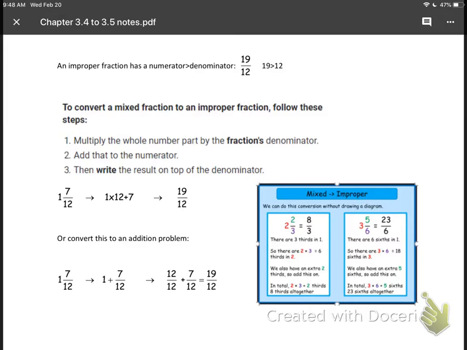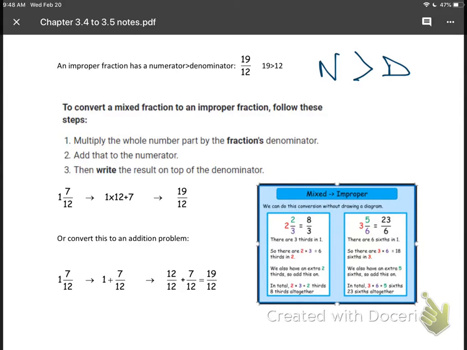First off, when you compare a mixed number or a mixed fraction to an improper fraction, the difference is one has a whole number present and the other has a situation where your numerator is greater than the denominator. Here are some practical steps to convert a mixed fraction to an improper fraction.